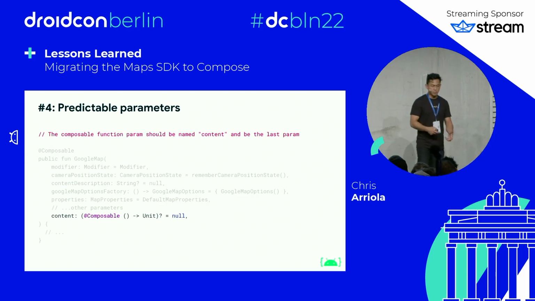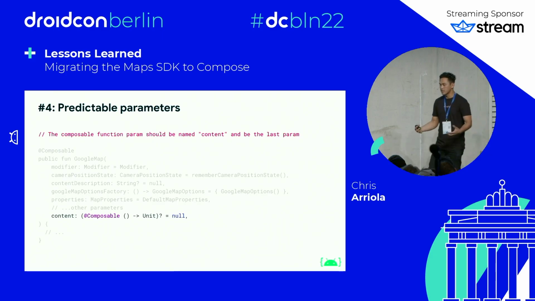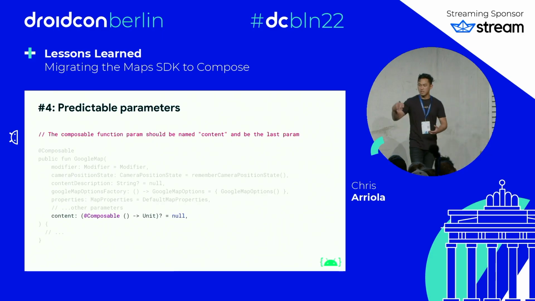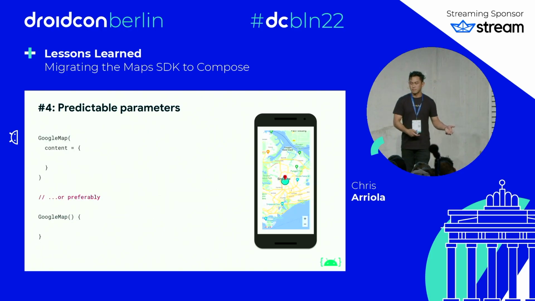The other predictable parameter here is that if it's a layout, you want to enable this trailing lambda syntax, and how you do that is by providing the content composable function lambda as the last argument to the function. Again, you can call it by naming content if you want, but the preferred syntax here is this trailing lambda syntax.